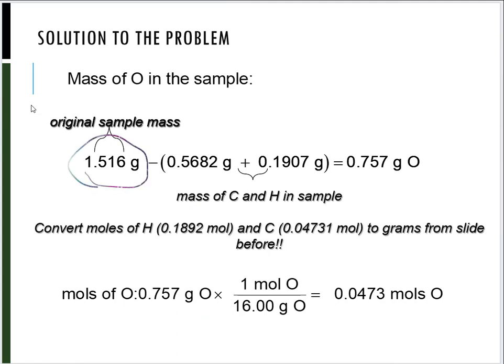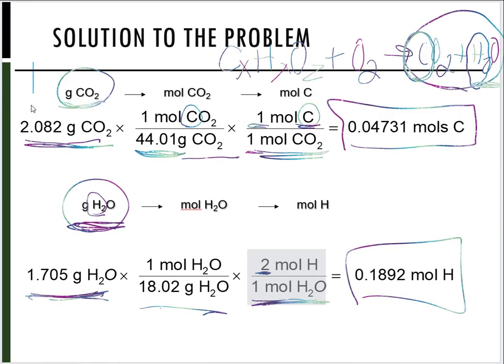We know how much I originally started with. Now, on the last slide, I ended with 0.04731 moles of carbon and 0.1829 moles of hydrogen. So I need to get from moles of carbon to grams of carbon and moles of hydrogen to grams of hydrogen.